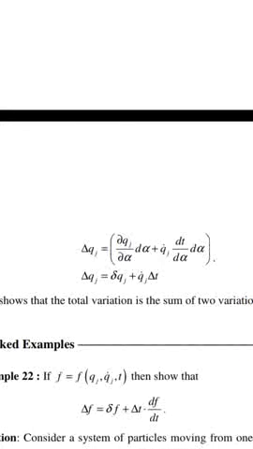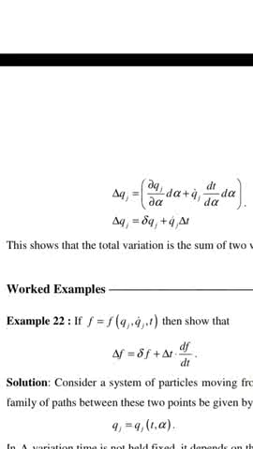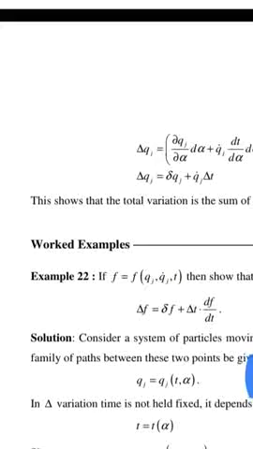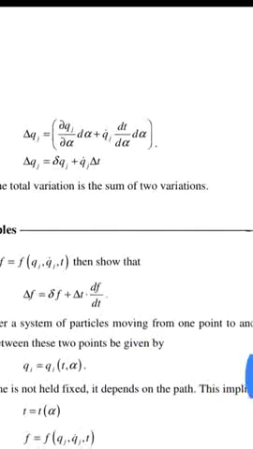Again, del qj is equal to dou qj by dou alpha d alpha plus qj dot dt by d alpha. Del qj is equal to delta qj plus qj dot delta t. This shows that the total variation is the sum of two variations.